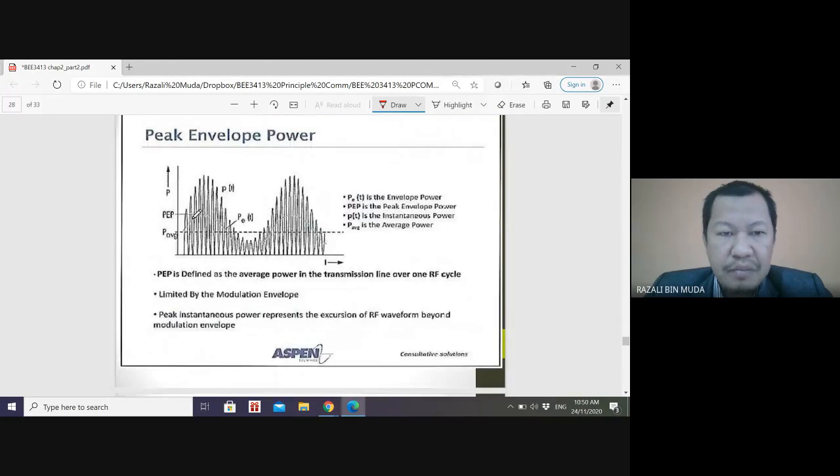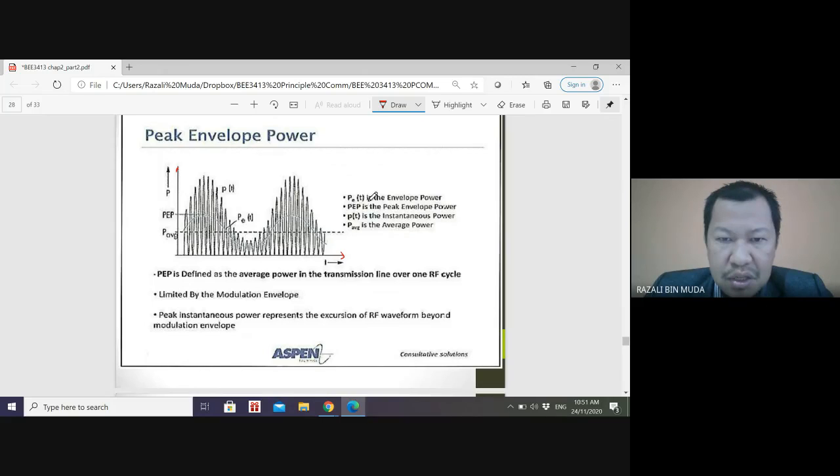So for peak envelope power, if you have this signal, this is the envelope. Now you can see that this is the power plot against time. There are a few terms.